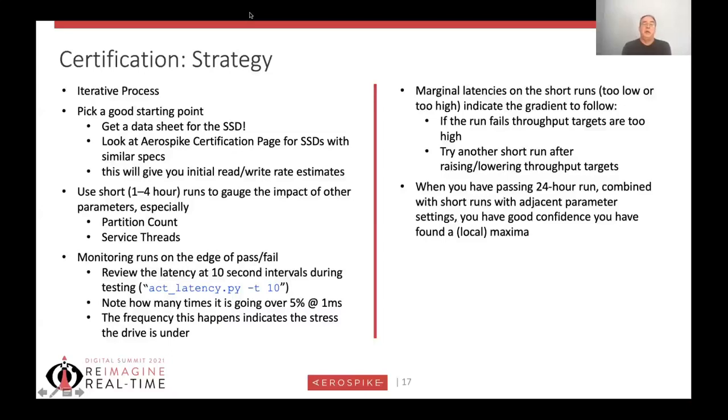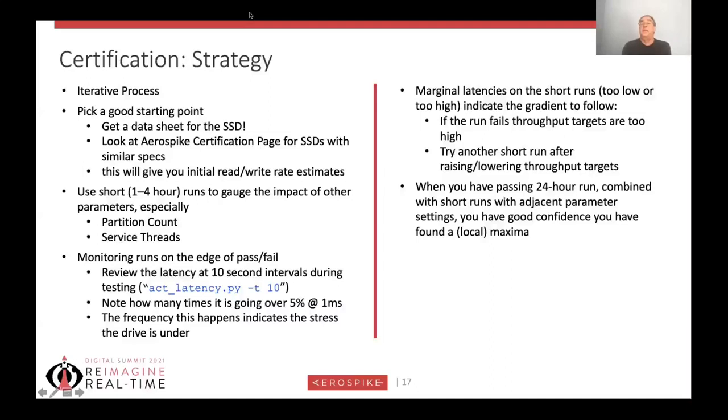In particular, one of the things you want to count is the number of times it's going over 5% of the samples needing to take longer than a millisecond. This indicates the stress the drive is under. If that is very frequent with the slices, then you are too aggressive. If that was like a 4-hour run, you probably wouldn't want to try a 24-hour run without changing something.